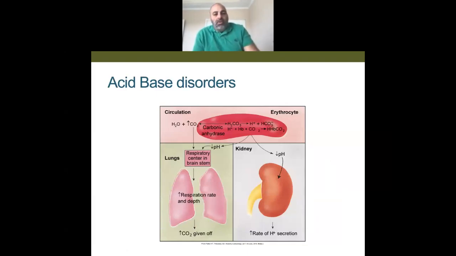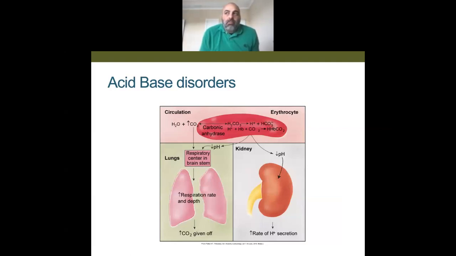Acid base disorders. This is a fun one. You guys should remember this equation on the top from AP2. This is the bicarb buffer system. This system is incredibly strong. It works all throughout the body, so we can regulate hydrogen ions.